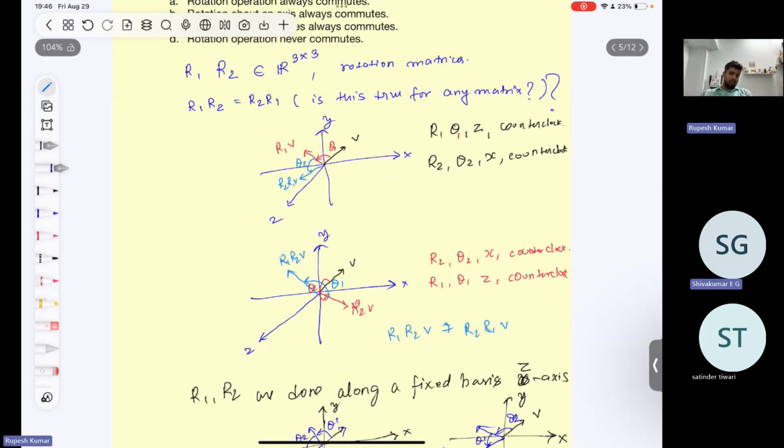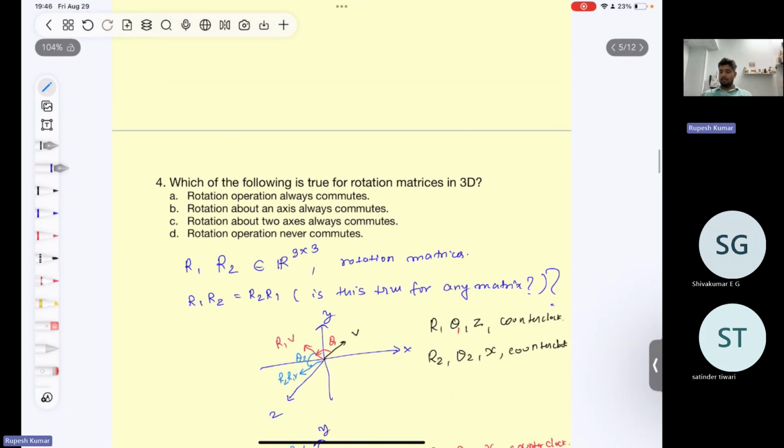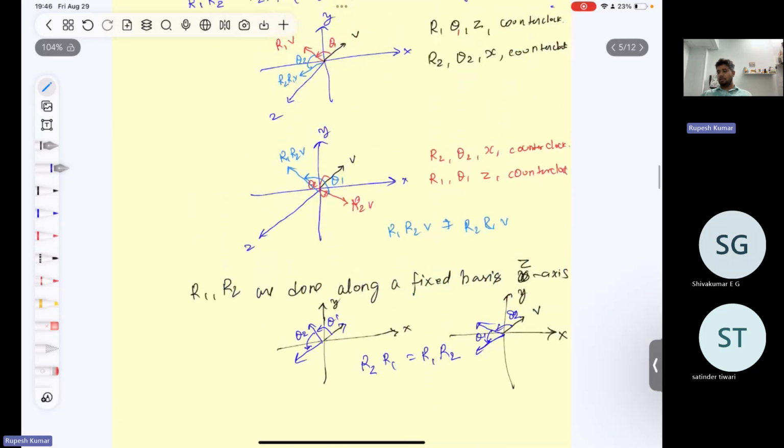You can always try this in 3D by taking an example and taking vectors. So everyone, do you agree with these observations? That means the order of rotation can be interchanged.